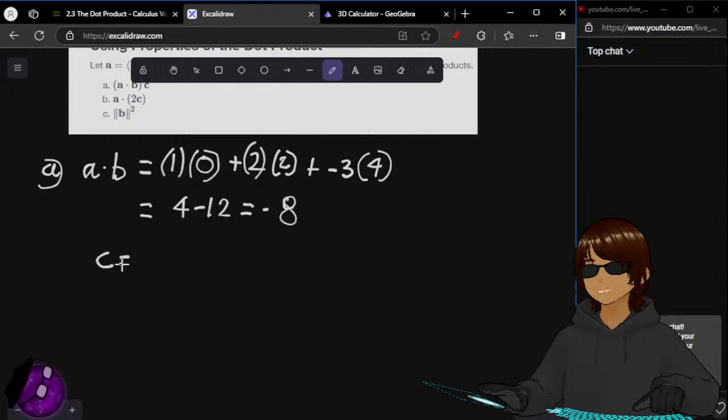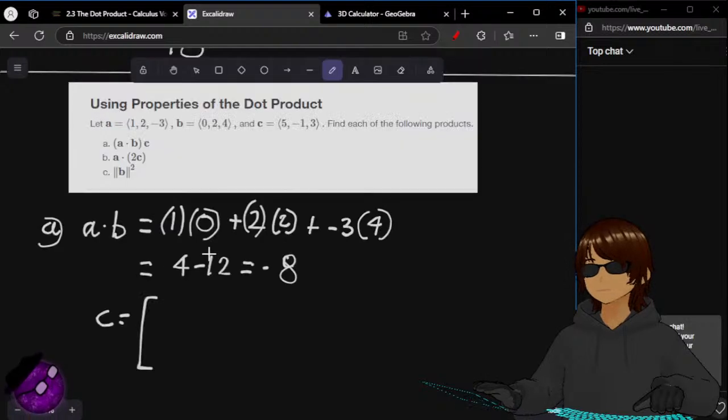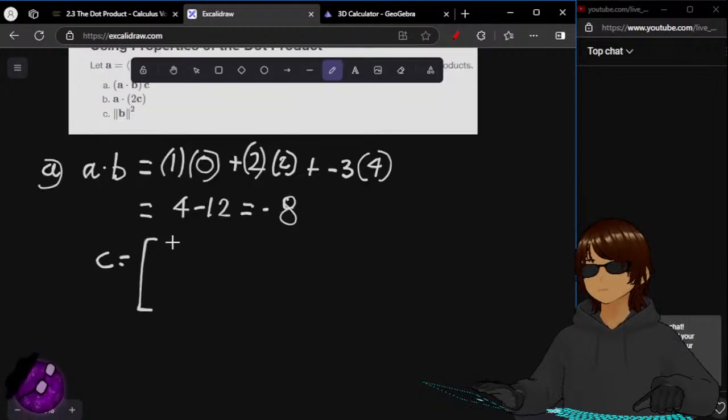So C. Also, I've noticed they didn't actually represent this way of representing vectors. 5, minus 1, 3.